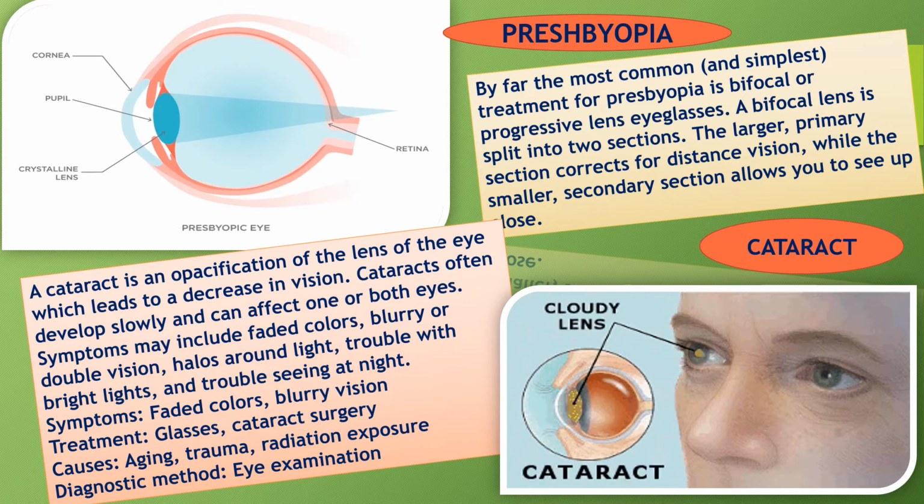A bifocal lens is split into two sections. The larger primary section corrects for distance vision, while the smaller secondary section allows you to see up close. Now, what is presbyopia? That was actually the treatment.